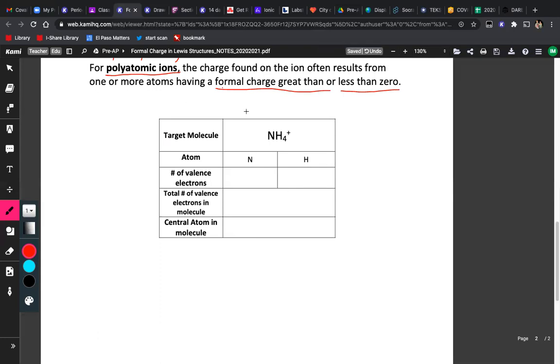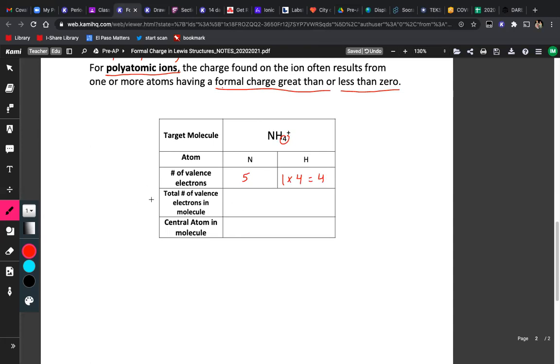We'll make sense of that once we get started. So we're going to do the same thing. Nitrogen has 5 valence electrons. Hydrogen has 1, but we have 4 hydrogen atoms, so really we have a total of 4 valence electrons from our hydrogen.